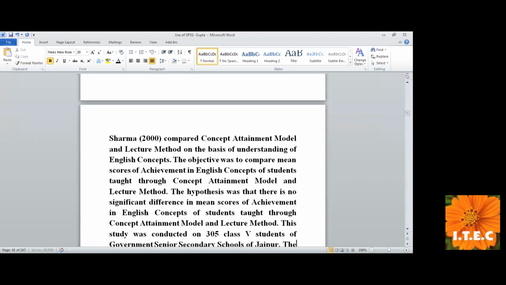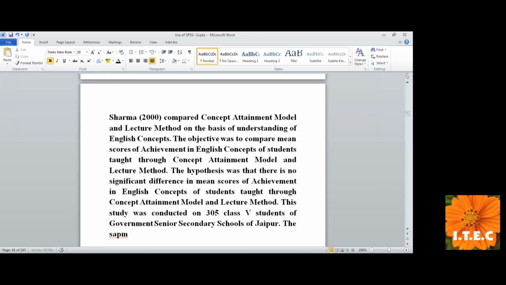The sample was selected using stratified random sampling.